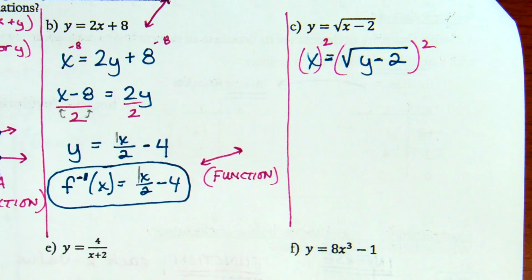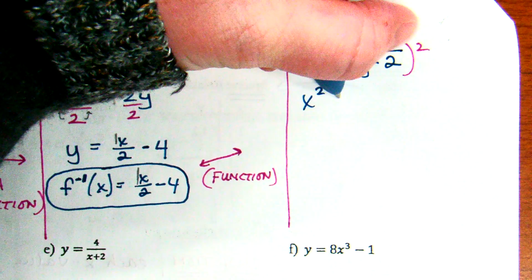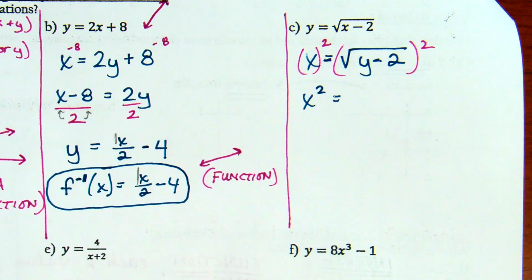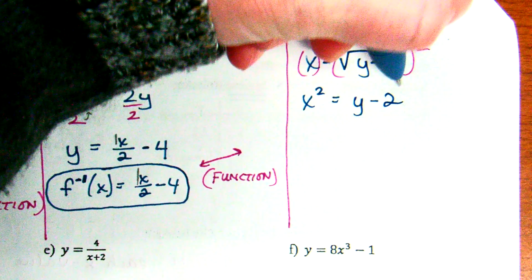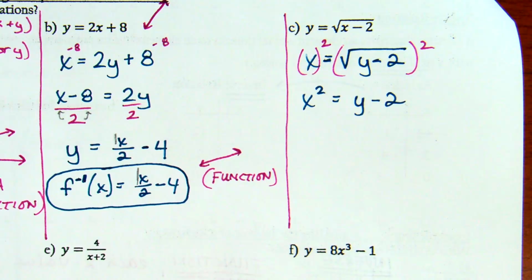What happens to x once we square it? That's the easy one, right? It becomes x squared. Okay, guys, we've done this on the right. What happens when you square the square root of y minus 2? The square root and the square cancel each other out, and it is y minus 2.